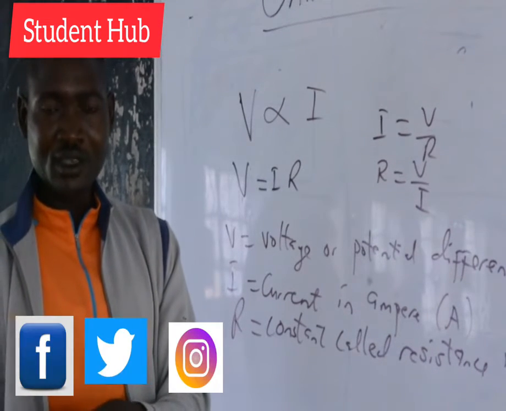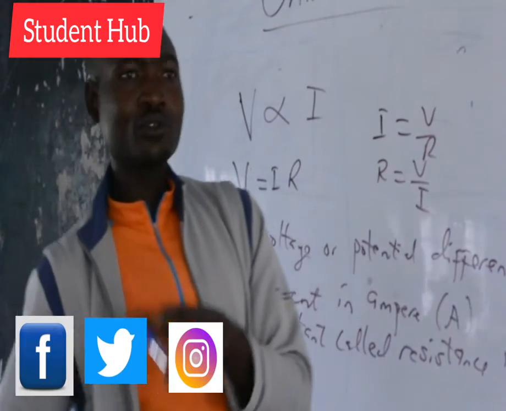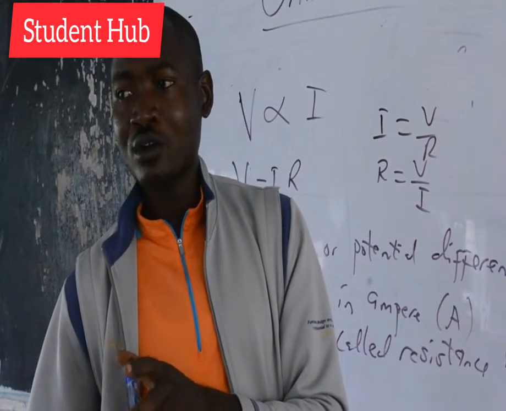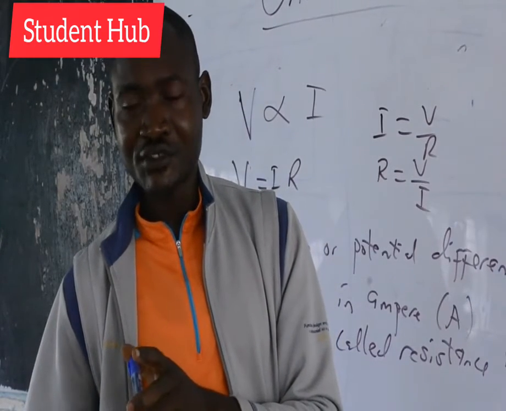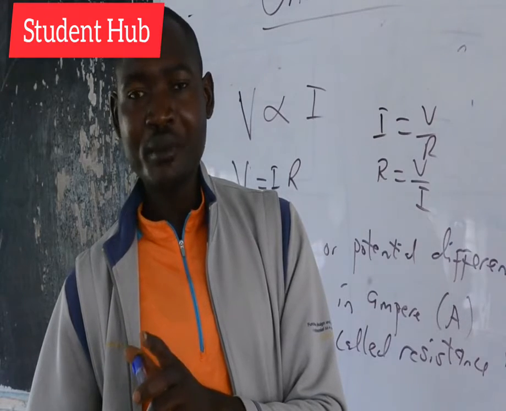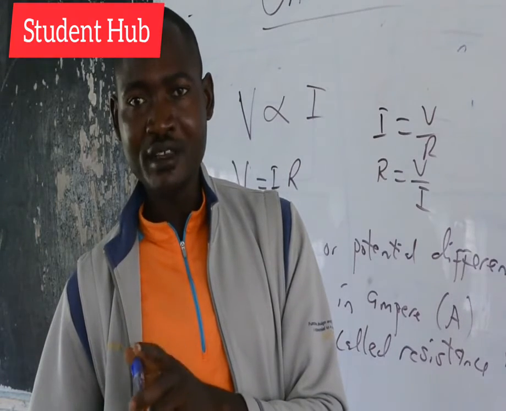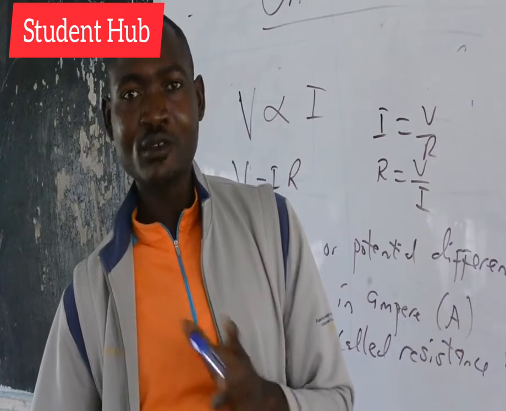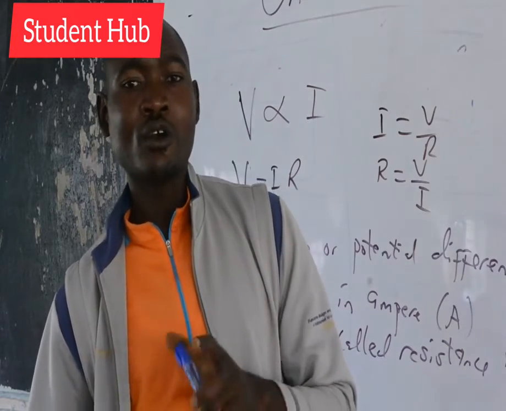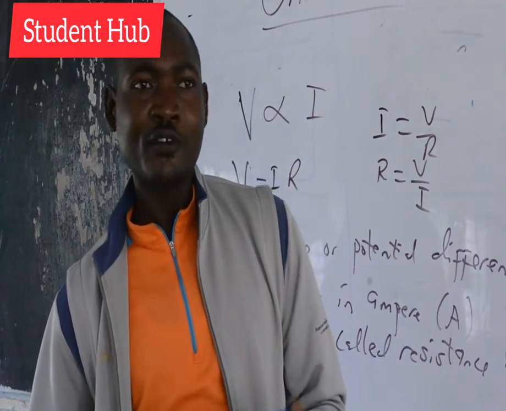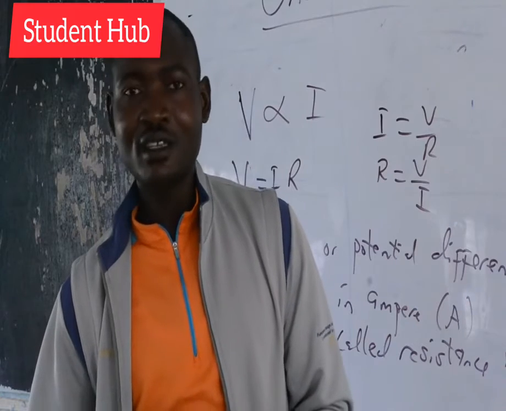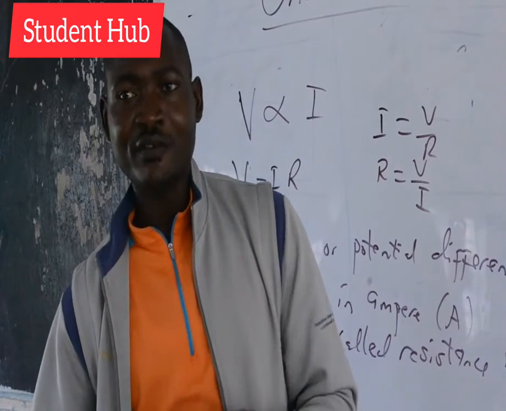Is that okay? So materials that do not obey Ohm's law are called non-ohmic materials, while those that obey Ohm's law are called ohmic materials. Examples of ohmic materials: we have silver.